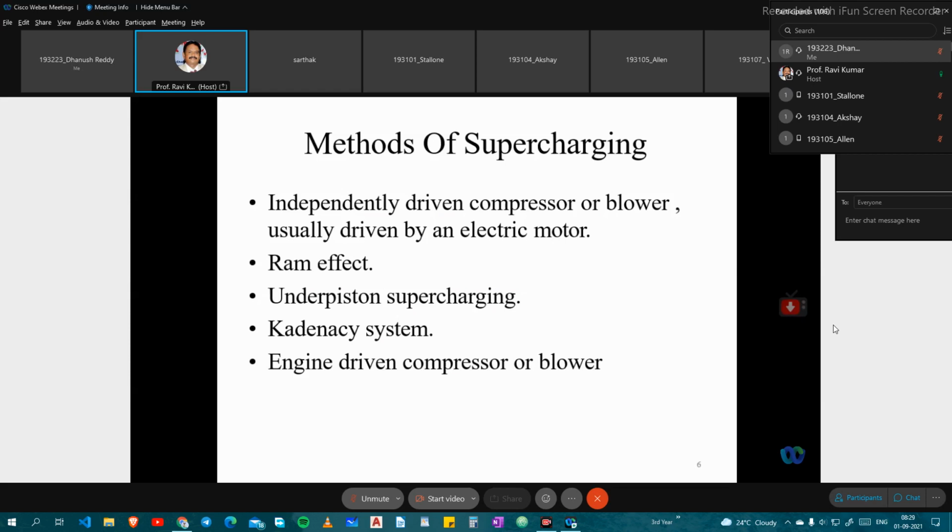But additional power is required to operate the supercharging units, so there will be a little power loss, but more combustion in this supercharging method. I hope you understood. The independently driven compressor or blower is usually driven by an electric motor, from the electric battery initially, and later it is converted to the crankshaft and has a ram effect. Under piston supercharging, they have the CANDAC system and the engine driven compressor or blower.